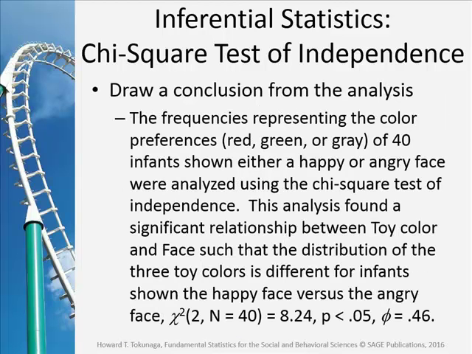So let's draw a conclusion. Frequencies representing the color preferences of 40 infants, shown either a happy face or angry face, were analyzed using a chi-square test of independence. This analysis found a significant relationship between toy color and face, such that the distribution of the three toy colors is different for infants shown the happy face versus the angry face.